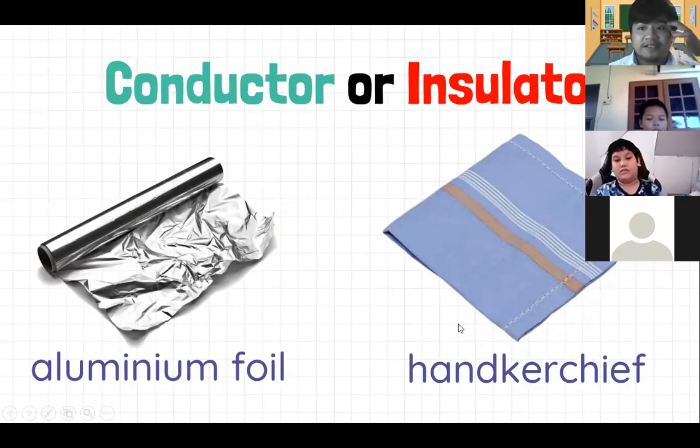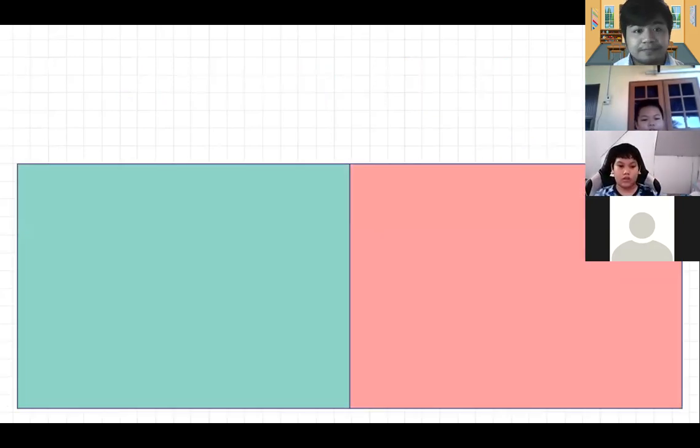All right. So now we are going to identify if a material or an object is a conductor or insulator. Okay. So here, the green box, we are going to put the conductors.